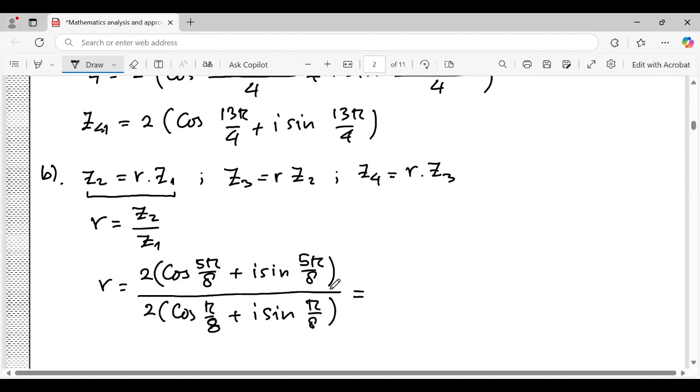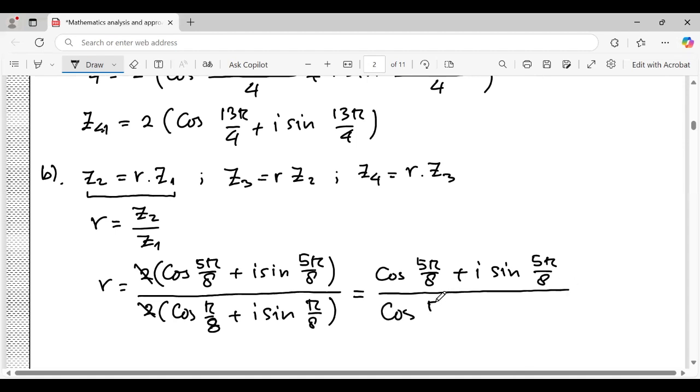So 2 divided by 2 equals 1. It's going to be cosine 5 pi over 8 plus i sine 5 pi over 8 over cosine pi over 8 plus i sine pi over 8. Sorry, not 5, but pi over 8. I'm going to fix that first.